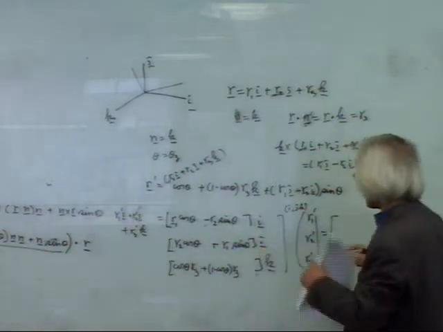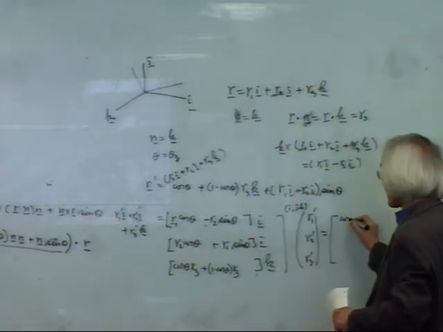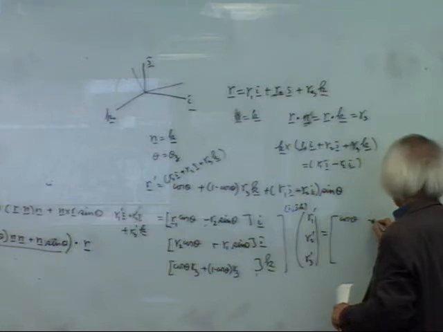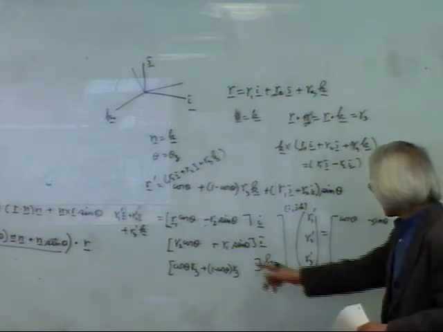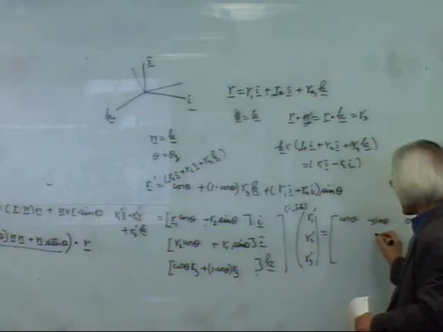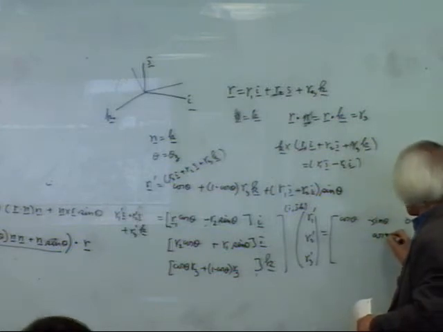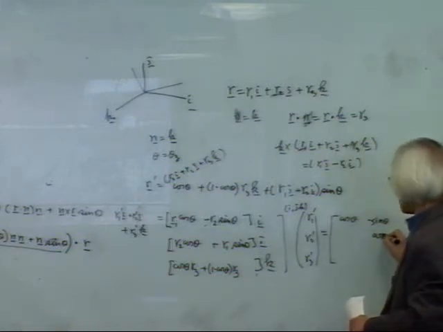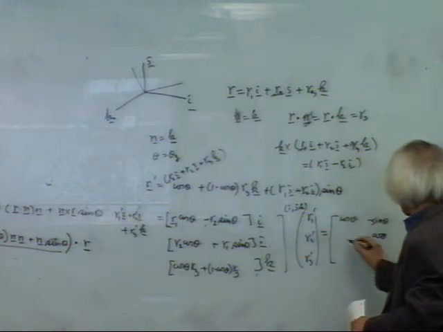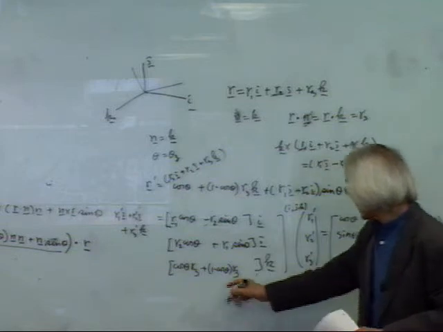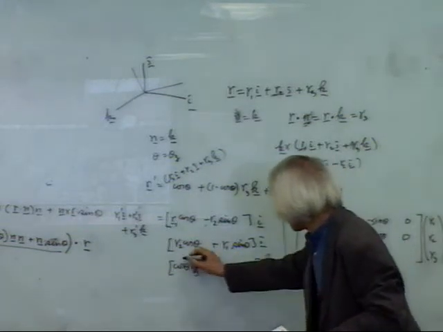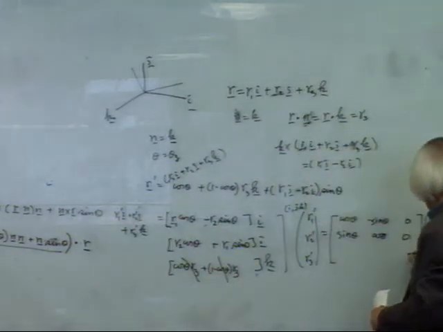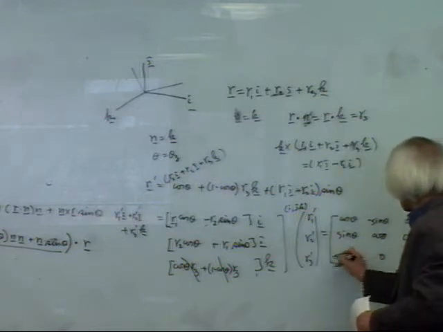Here I have cosine theta, minus sine theta, 0. This one is cosine theta, and sine theta, 0. This one and that one cancel. You only have 1, like that.